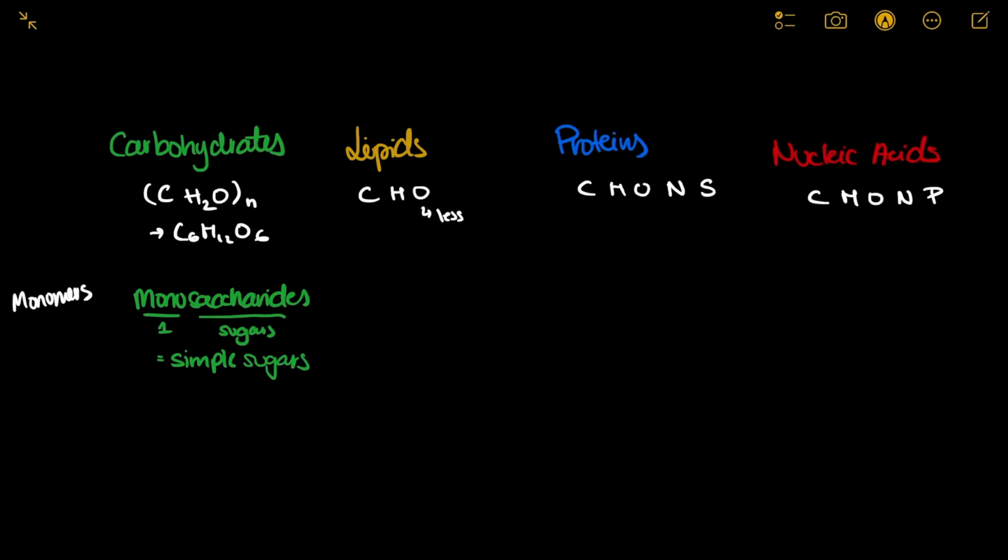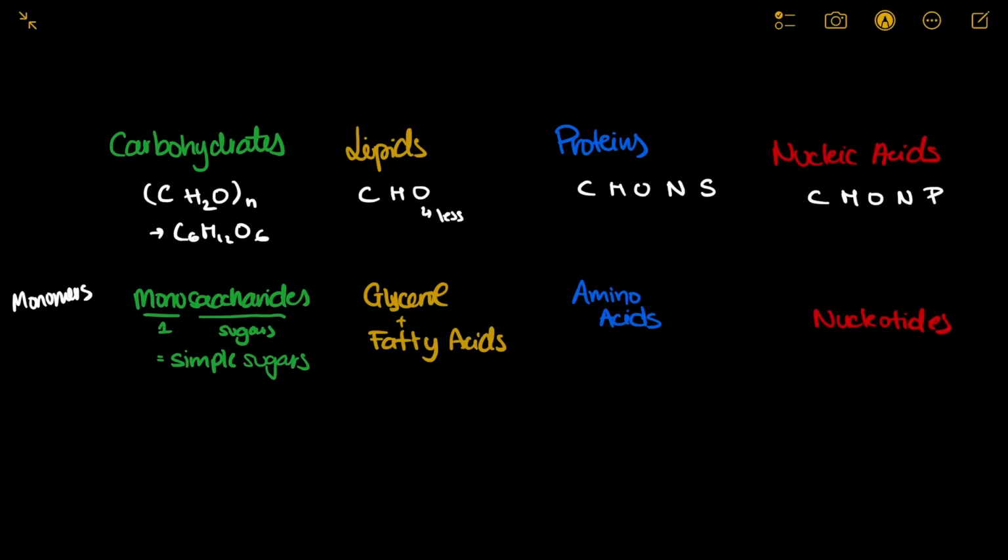For lipids, it has different building blocks, and 2 of the main ones are glycerol and fatty acids. Proteins consist of different amino acids, and there are a total of 20 different amino acids which can be combined together to make complex proteins. And the nucleic acids consist of nucleotides.